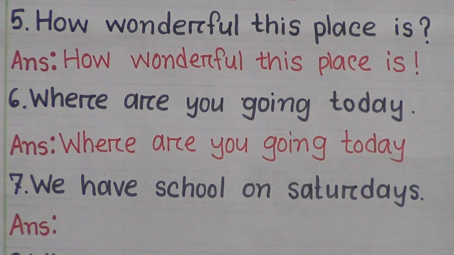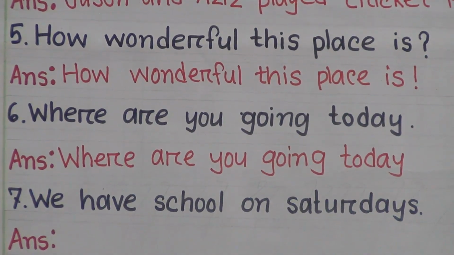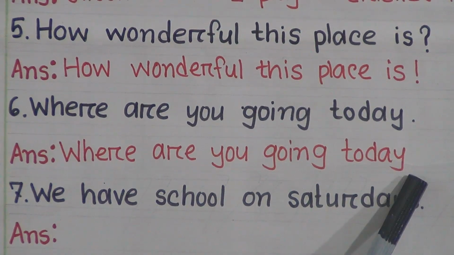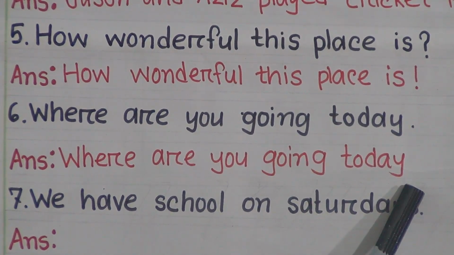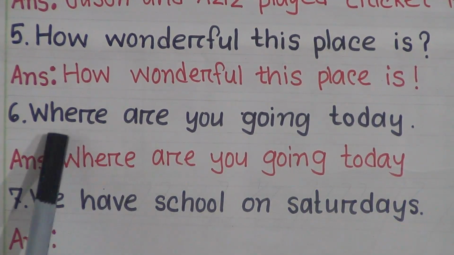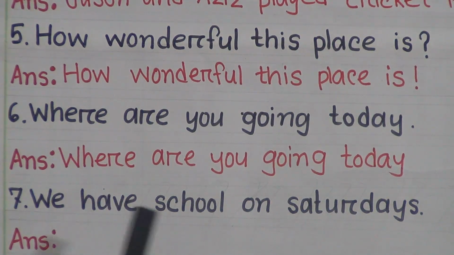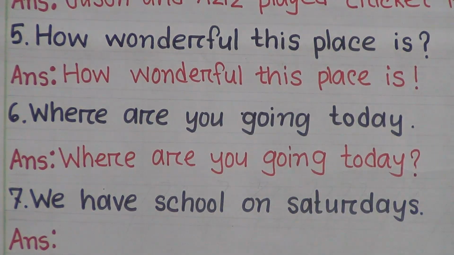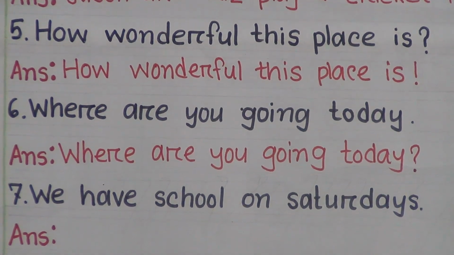T-O-D-A-Y. And can you guess what mark will be given at the end of this sentence? Is it a full stop, a question mark or a sign of exclamation? Look, the sentence starts with a WH question word, that is, where. So definitely we have to use a question mark at the end of this sentence. Where are you going today?